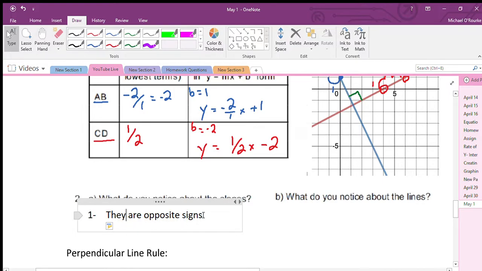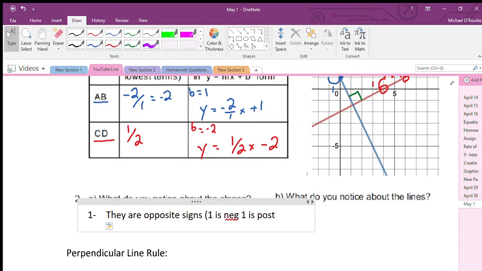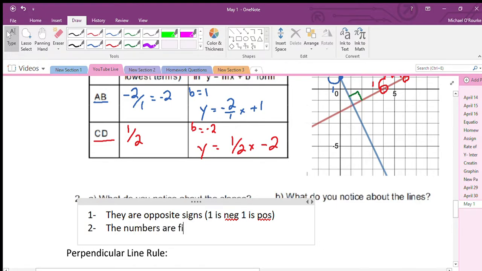As in, 1 is negative, 1 is positive. 2, the numbers are flipped. So we had 2 over 1 flipped to be 1 over 2. And I left out the positive negatives there.